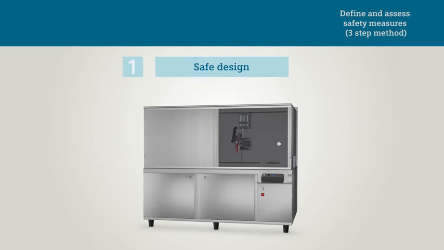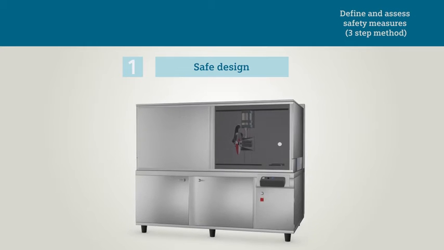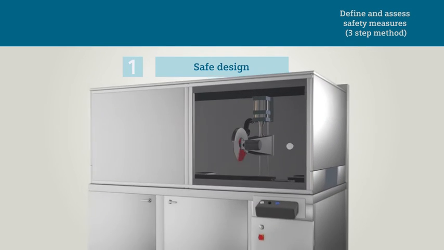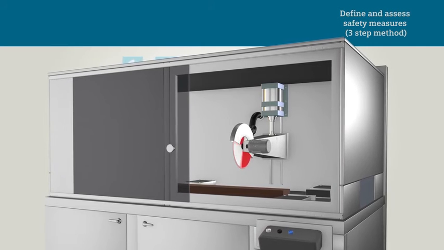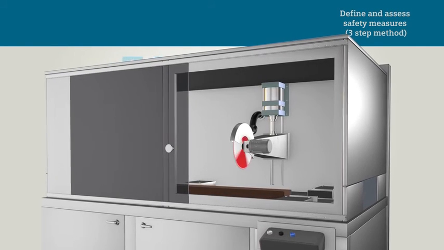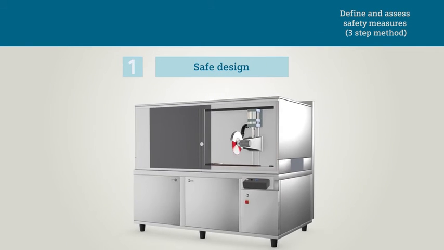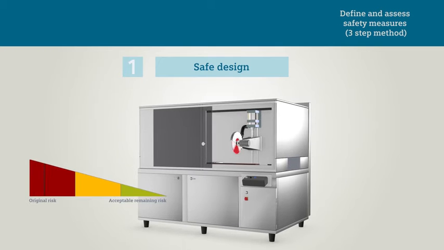In order to be able to answer the question about the safety of the machine, you must assess your safety measures. In the example, you can open the glazed protective door and therefore you can still injure yourself on the rotating cutting disc. Consequently, the current risk is not yet acceptable.